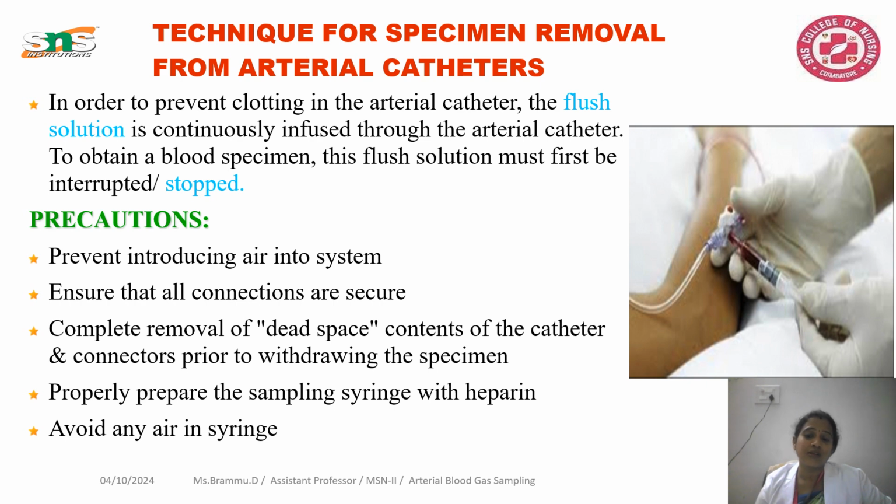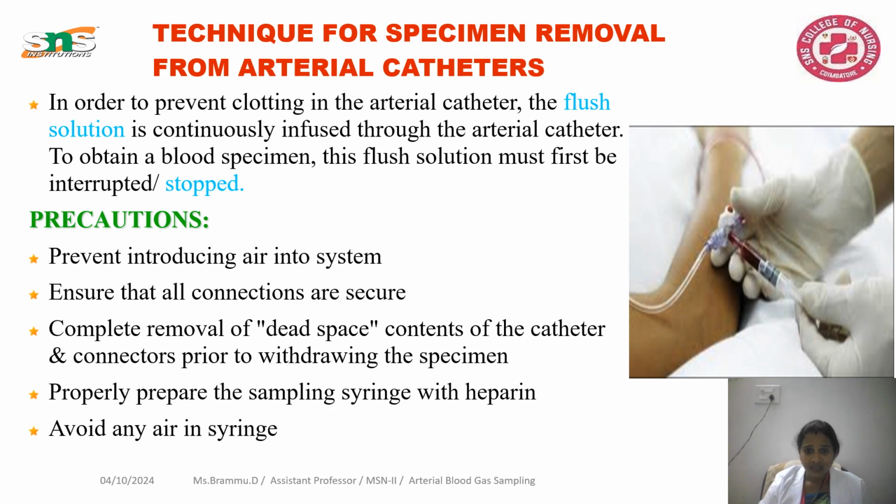So whenever we draw the sample, in case of an arterial line or a venous line, we take at least a minimum of 3 to 5 ml and discard the blood, and the remaining fresh sample will be taken for the analysis, because there might be dilution from the heparinized saline which is on flow. That's the reason the patient will always be on a flush solution, in order to prevent clotting of the arterial line.